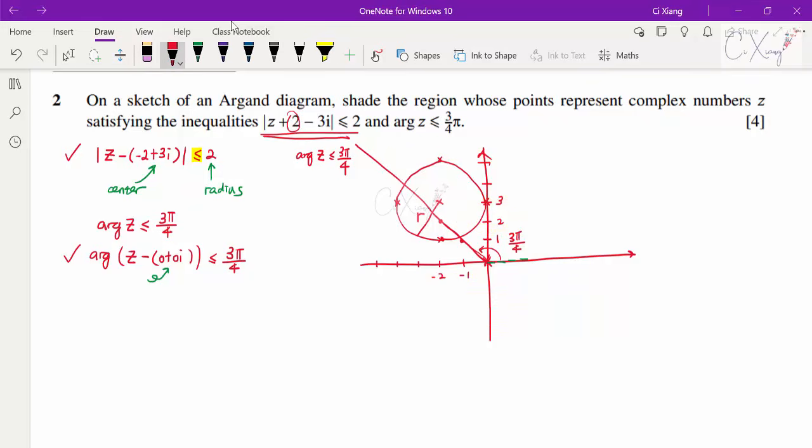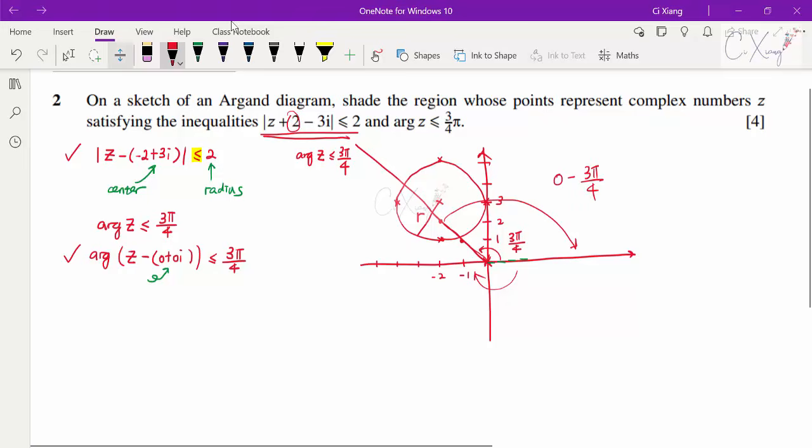So how do we know that all the region I shaded just now is smaller or equal to 3 pi over 4? It is because from here to this part, the argument should be from 0 to negative, should be from negative pi to 0. Negative pi to 0 is also smaller or equal to 3 pi over 4. Then for this part of the area, the argument will be from 0 until 3 pi over 4.